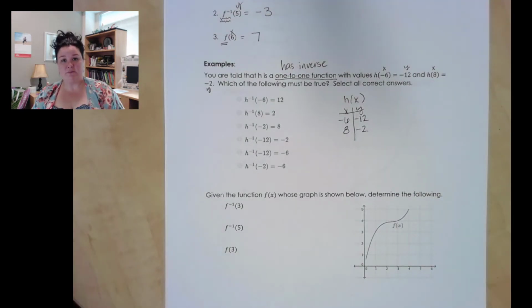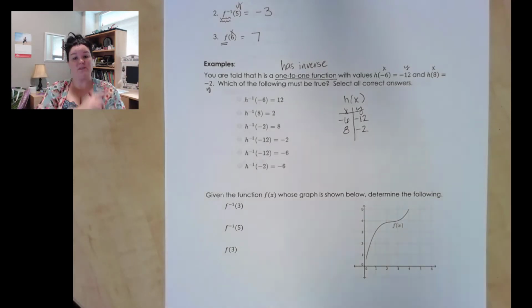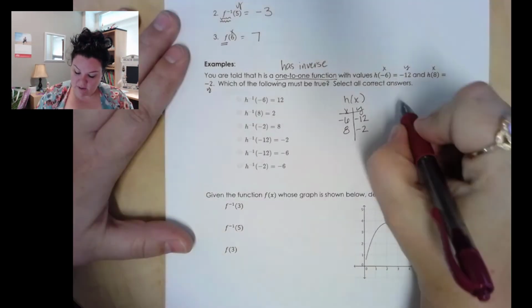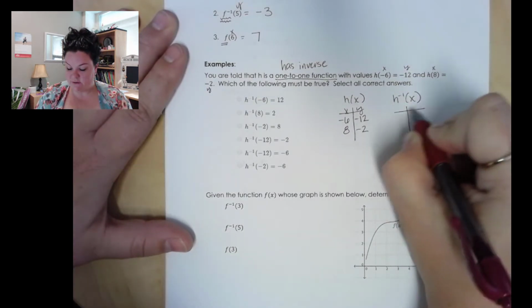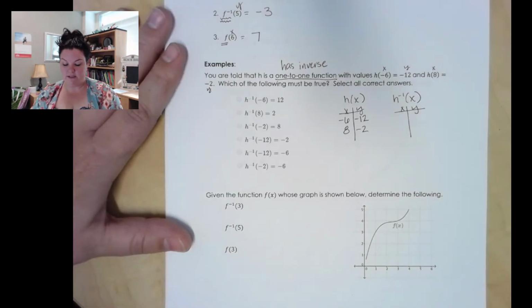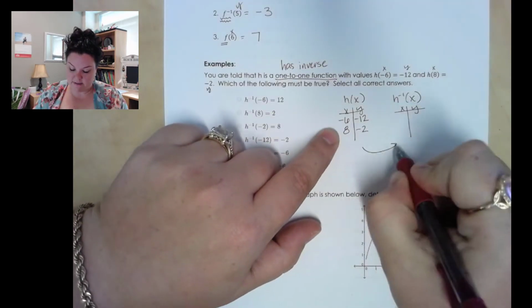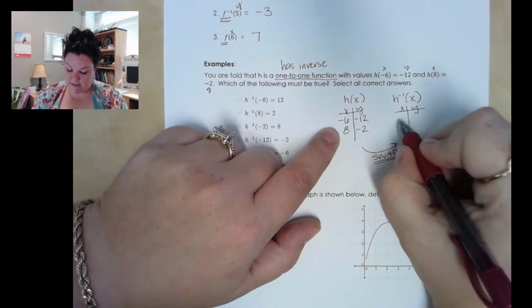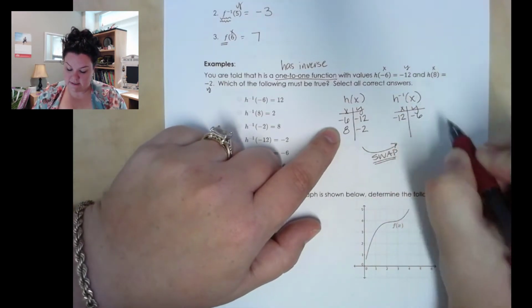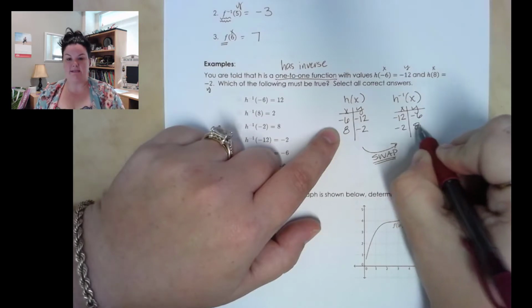Now, our inverse function, remember, goes the opposite direction. It sends y's to x's, which means that if I wanted to talk about h inverse, the information that was given to me about the original means that all I would do is swap these. So I would end up with the points negative 12, negative 6 and negative 2, 8.